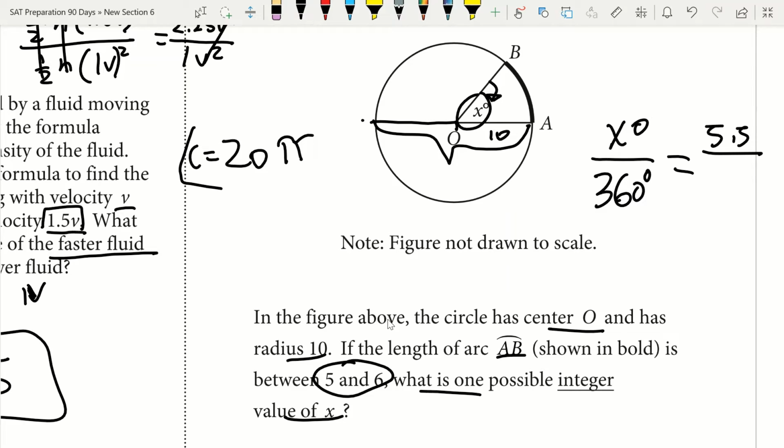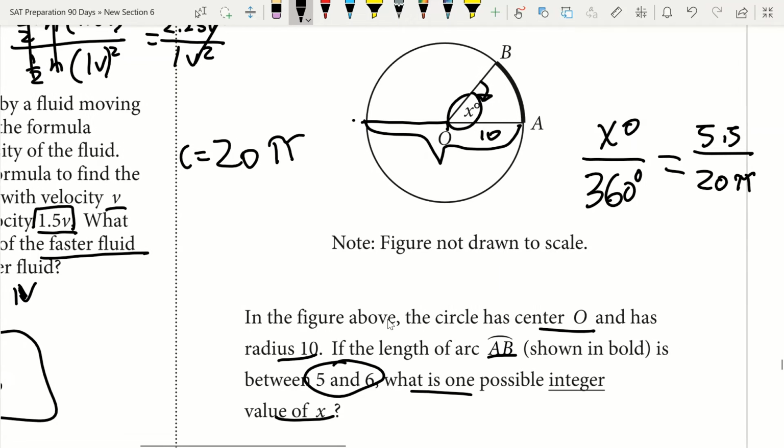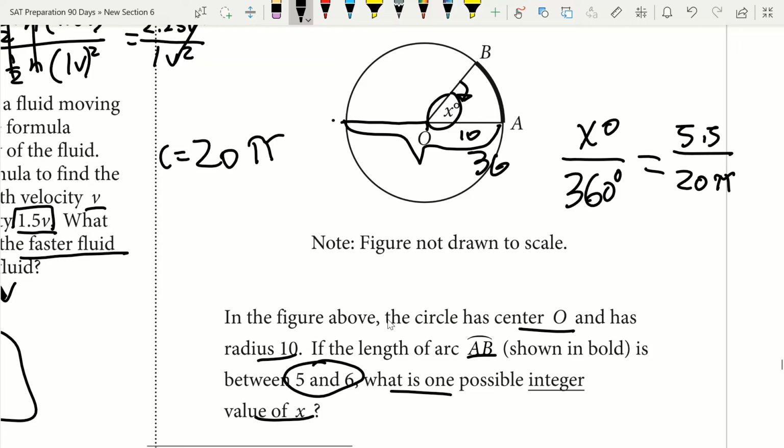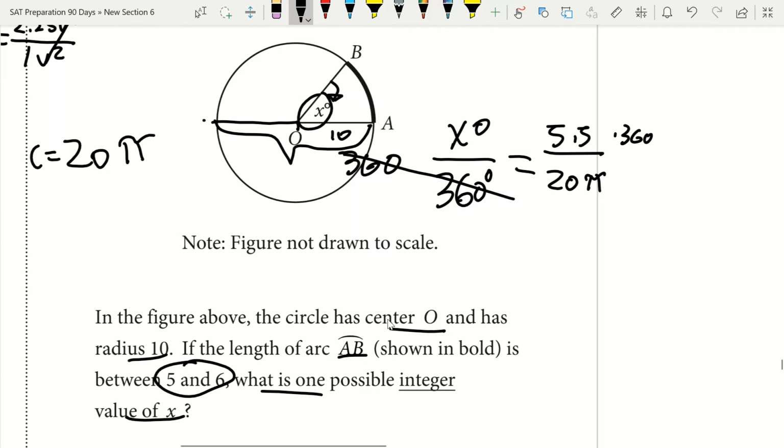Now that's not my answer, but we've got circumference is 20 pi, so we put 5.5 over 20 pi. Now we're going to multiply each side by 360 and solve for x. So we've got 5.5 times 360. We'll plug that in our calculator, 5.5 times 360, then divide that by 20 pi.